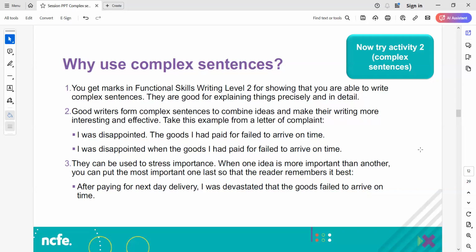Good writers will form complex sentences to combine ideas and to make their writing more interesting and effective. If you always wrote in simple sentences, then your writing would sound very monotonous, quite boring, a bit robotic as well.